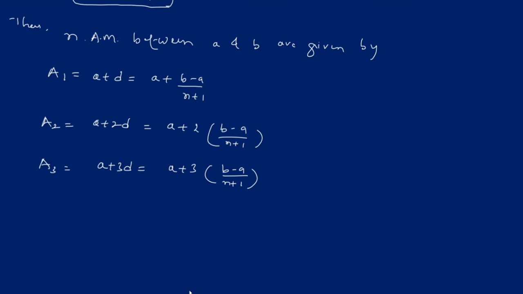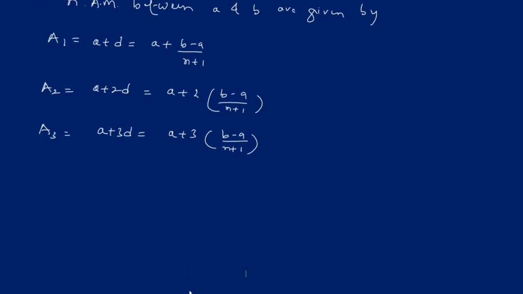So if you go on writing the values up to n times, an equals a plus n into d, so a plus n into (b minus a) upon (n plus 1), right?